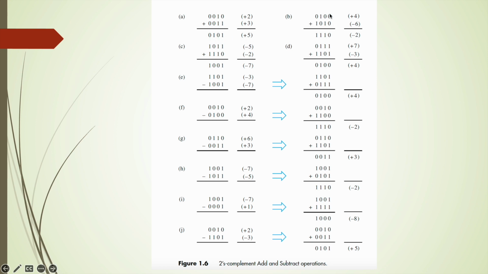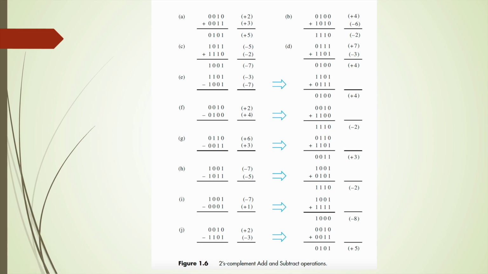Here we have a second example, 0 1 0 0, which is performing minus 6. How to get the minus 6 value? You write the plus 6 value in 4 digits and complement it. The complement of plus 6 is 1 0 1 0. You just simply add. In binary, both addition and subtraction can be done in the same fashion.